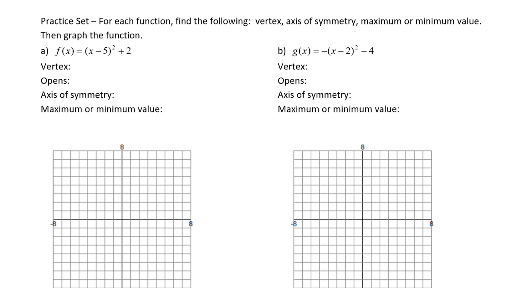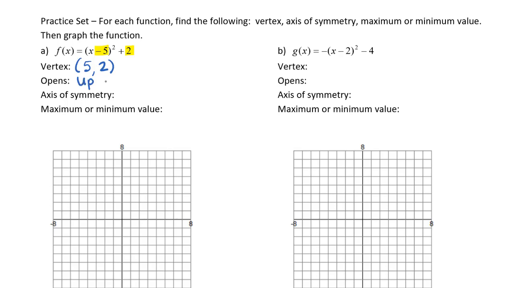Let's practice some more, but this time we will also be graphing. The graph of the function f of x equals the quantity x minus 5 squared plus 2 means we will have a vertex at 5, 2. It opens upward.